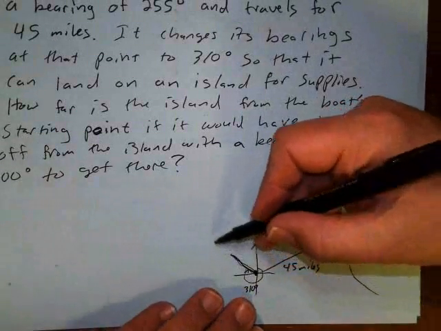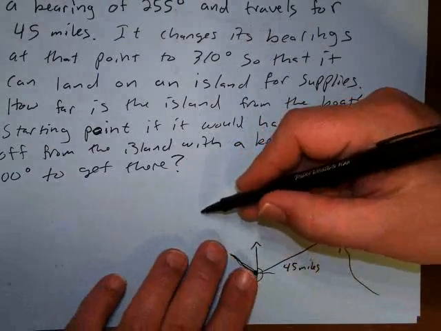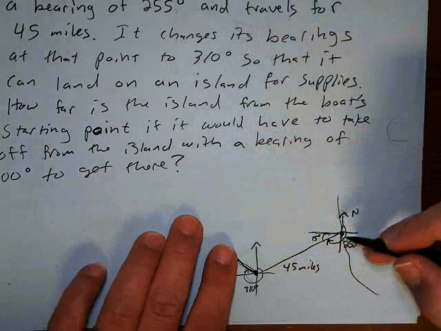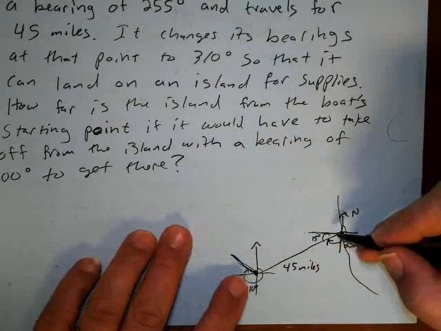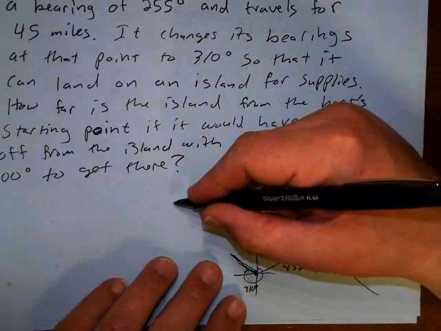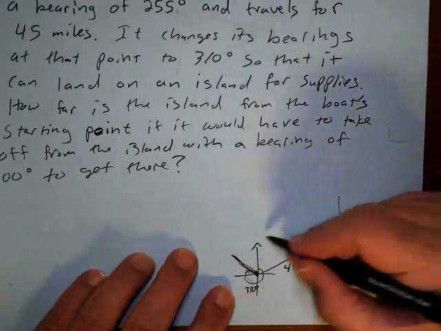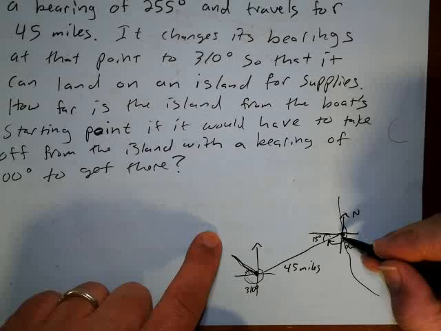Okay, now it keeps going. We don't know how far, okay, but where it stops is where, to go from here to there, would have a bearing of 100. Okay, so it's going to have to be quite a ways, because if I went directly east, that would be 90.